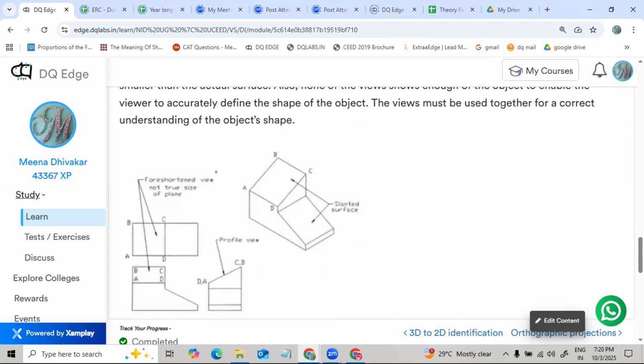But in the front view also, ABCD is a slanting surface. Can you predict ABCD is slanting when I have only the front view? This is the front view. No, you can't. From the front view also, I can't say ABCD is slanting. But there is one more slanting surface here. There are two slanting surfaces.